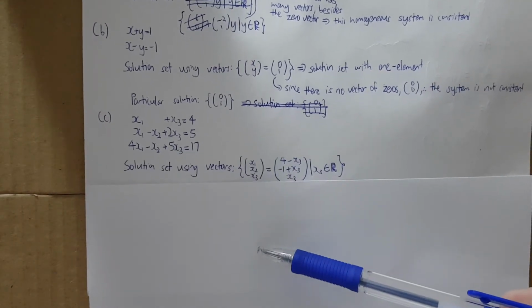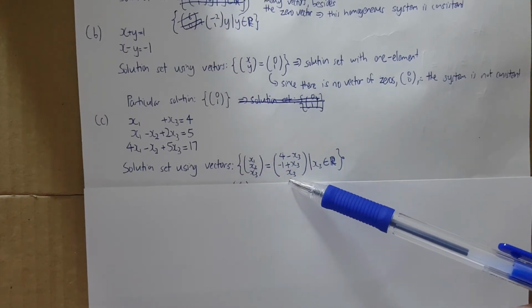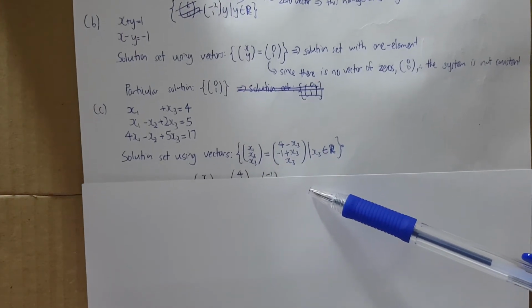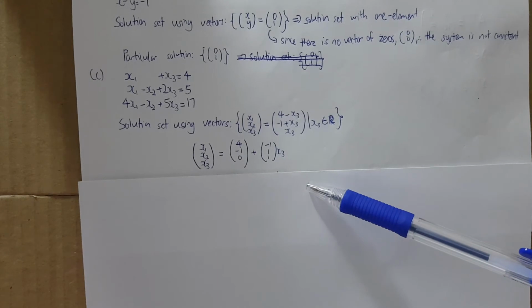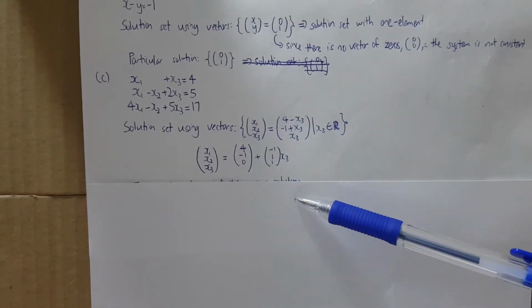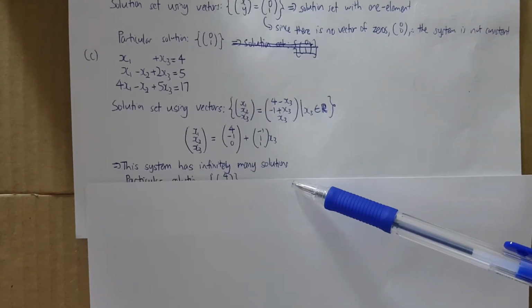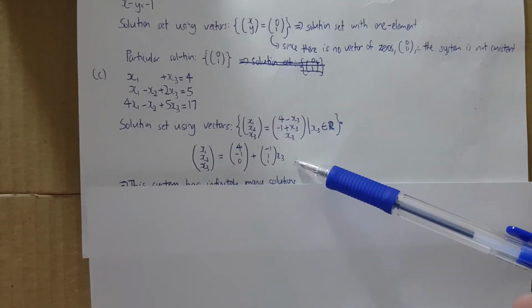Now let's take a look at the third example. Our solution set using vectors is written as this. Now we make it in vector notation, which is written as this, where x3 is my non-leading variable or the free parameter. As you can see here, the system has infinitely many solutions.